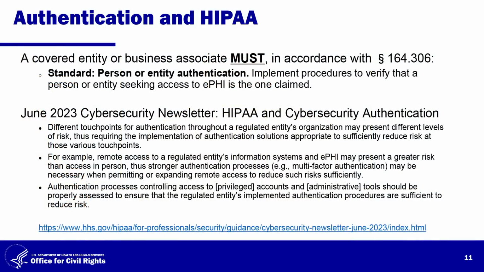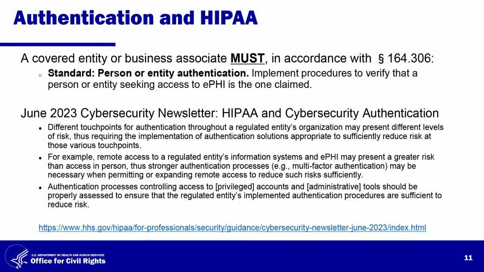So, when implementing security rule safeguards, such implementations must be done in accordance with the general rules. Or, put another way, the safeguards that are implemented must ensure the confidentiality, integrity, and availability of all EPHI.